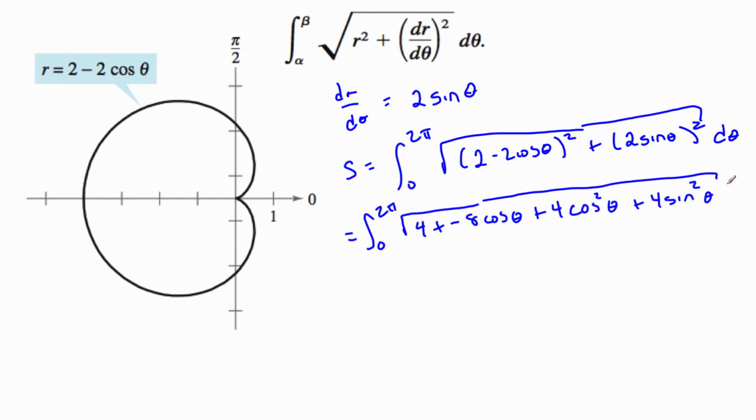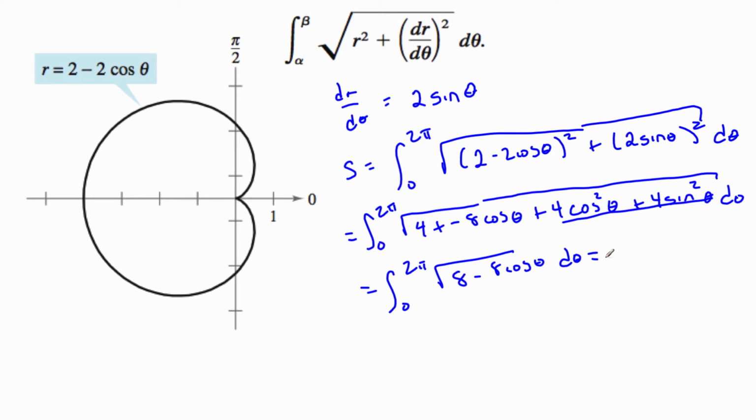All right, d theta. Now these right here are going to reduce to 4. So this is the integral from 0 to 2 pi, 4 plus 4, the square root of 8 minus 8 cosine of theta. Oh wow, this is going to actually be not too terribly bad.